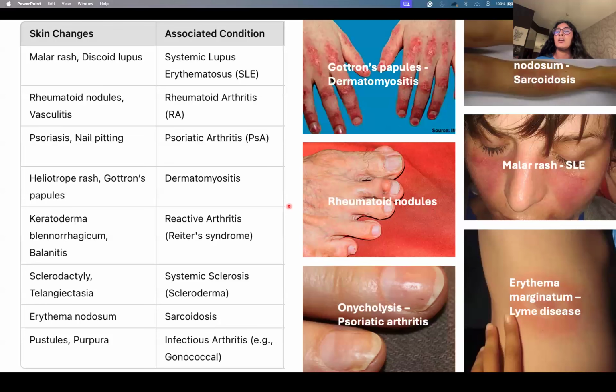So sarcoid you almost never have to diagnose because there's so many different manifestations. But if you see certain buzzwords, like erythema nodosum, knowing that it's not the rest of these things would be good. It would be handy.